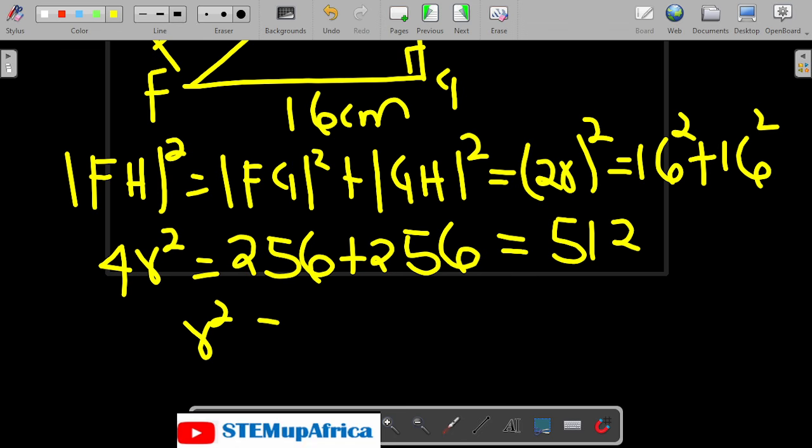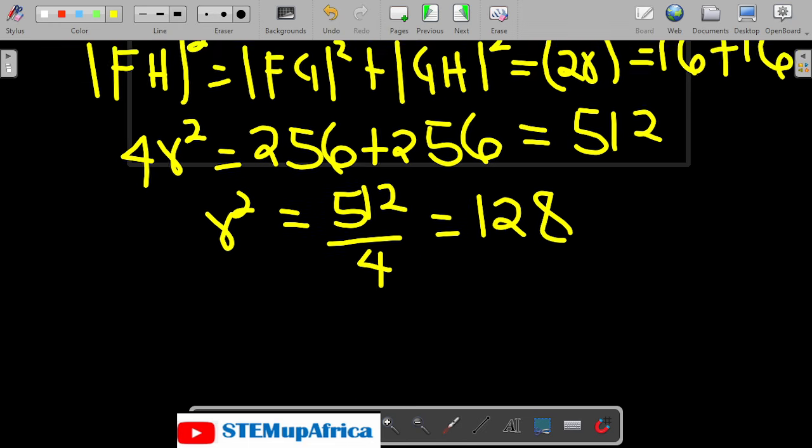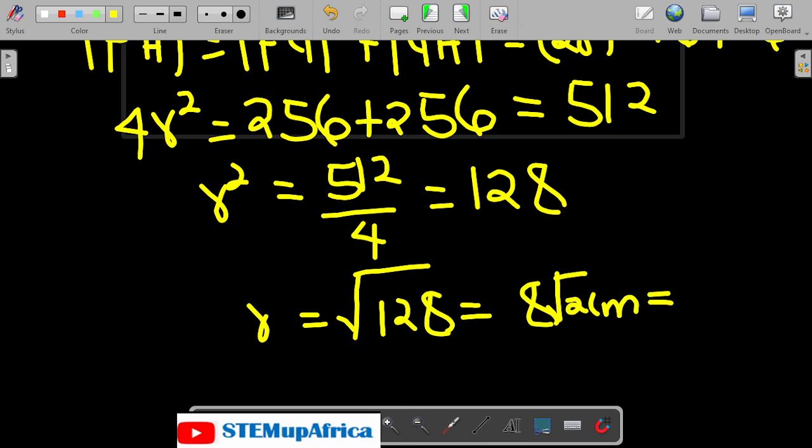So R square is simply 512 divided by 4, that will give us 128. So my R equals the square root of 128. That will give us 8 root 2 cm, which is 11.31 cm as the radius.